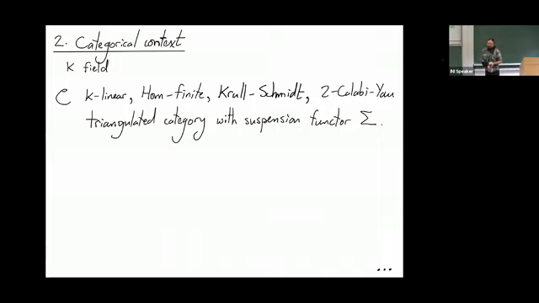It's going to be Krull-Schmidt, so in particular you have a nice unique decomposition of each object into a direct sum of indecomposables. It's going to be 2-Calabi-Yau. If you know what it is, you know that this is a nice homological duality inside of that category. If you don't, I'm not going to use it really, except behind the scenes. It's a triangulated category, and I will denote the suspension functor by the capital letter Sigma.